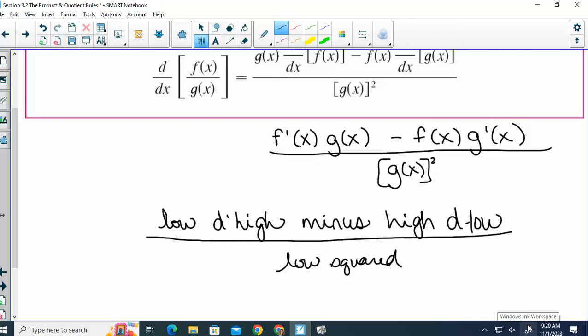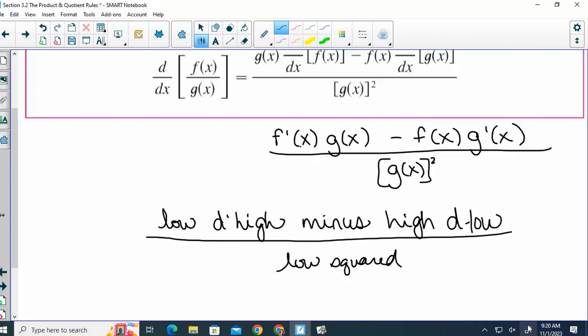Low, so the bottom one, d high, the derivative of the top, minus high, so the top one, d low, derivative of the bottom, over the bottom squared. So whatever kind of helps you, I usually say that phrase a lot as I'm trying to help people do these, so you'll probably hear that frequently. It'll probably stick in your head before we're done.